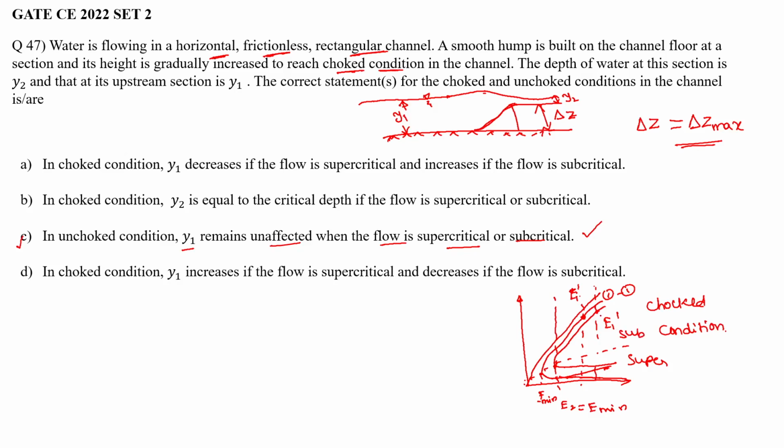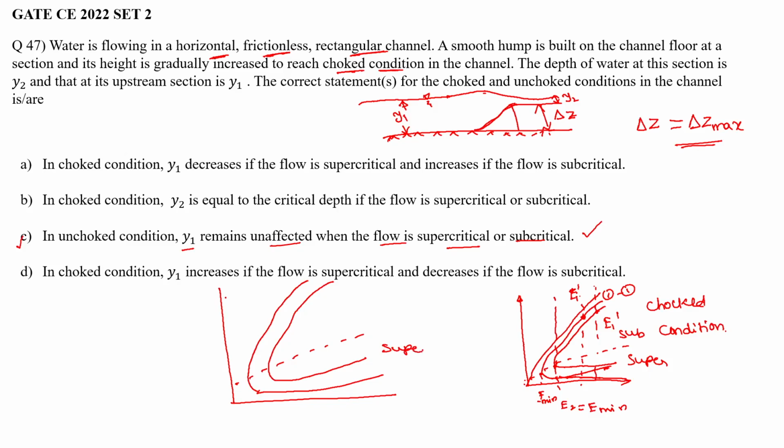So let's read the first option. In choked condition, Y1 decreases if the flow is supercritical. Please bear with my drawings. This is super, this is sub. This is E1, this is E1 dash as I mentioned.